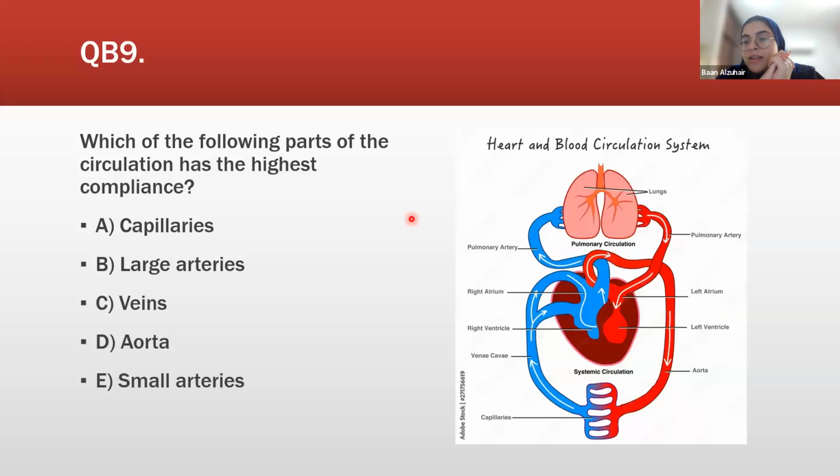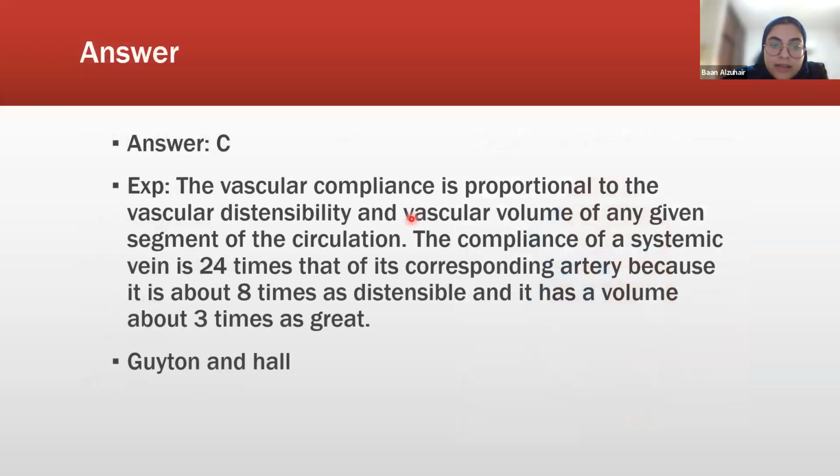And you can think of veins as the chill ones. I think that's why they paint them blue. I don't know. So yeah, does everyone understand why veins are the highest in compliance? Inshallah, everyone does.